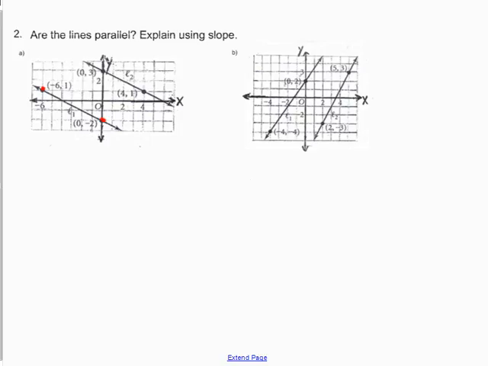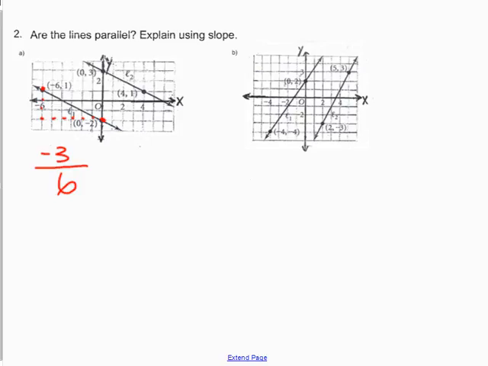Remember, it's rise over run. So this is -1, 2, 3. So -3. And then I've got 1, 2, 3, 4, 5, 6. Okay, that was a +6.